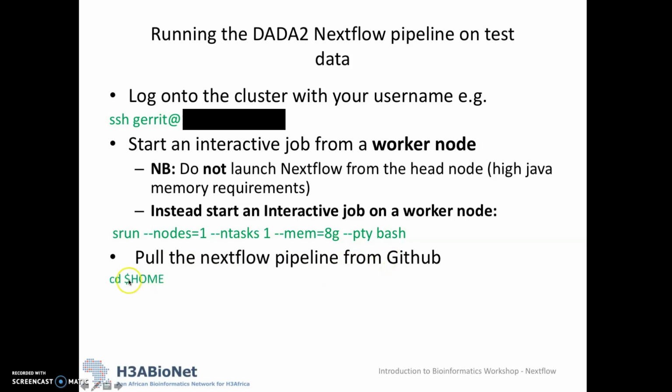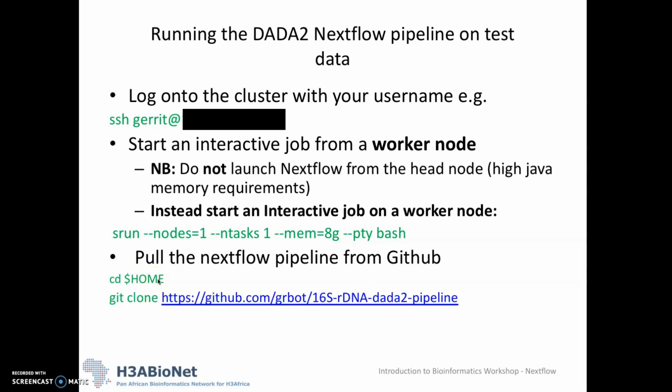So first you can navigate to your home directory, just make sure you're there, and then we're going to use the git clone command to clone this into your home directory. That'll grab all that code and pull it into your home directory. After that, we're going to change directory to the actual pipeline folder where our scripts are, and from there we can launch the Nextflow pipeline.